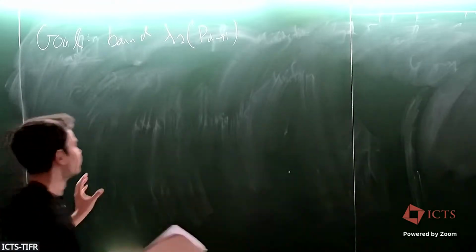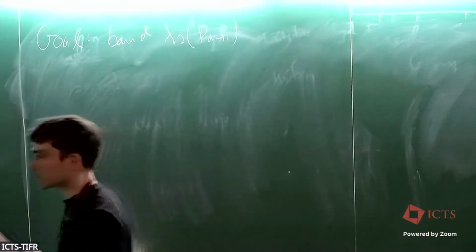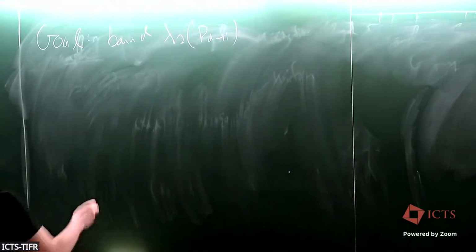Spiritually, we're going to do sort of a similar thing, but it's actually convenient to rephrase bounding lambda 2 of this walk as bounding what I'll call variance contraction of the down operator. So let me explain this.